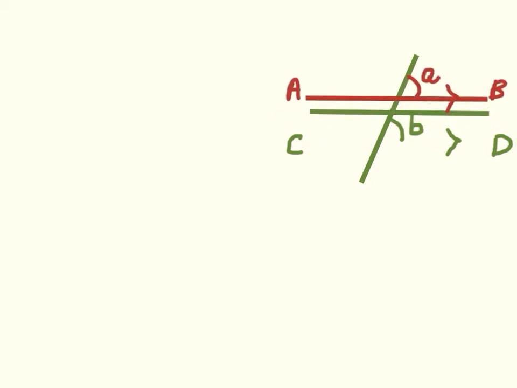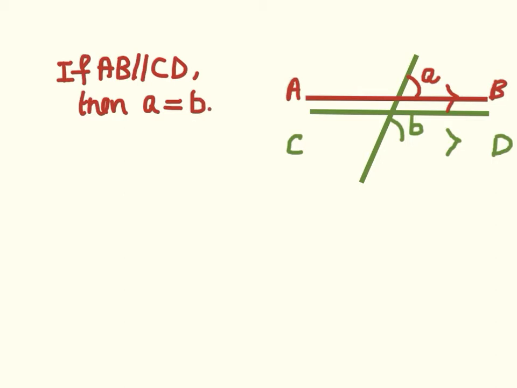So let me write down the theorem. If AB is parallel to CD and A and B are corresponding angles, then A is equal to B. The reason we say is corresponding angles, AB parallel to CD.